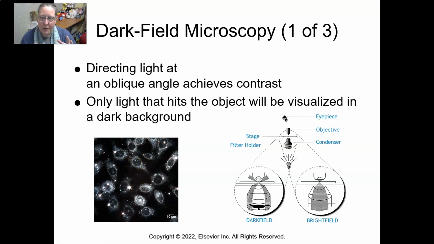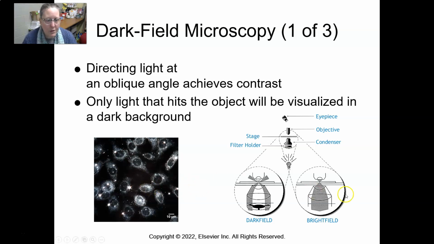If you think of light field, to increase contrast, you can close the diaphragm a little bit and drop the condenser, and that'll make the edges of the cells dark. Well, this one is flipped. With dark field microscopy, the edges of the cells will become light.